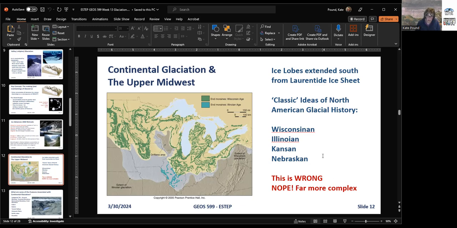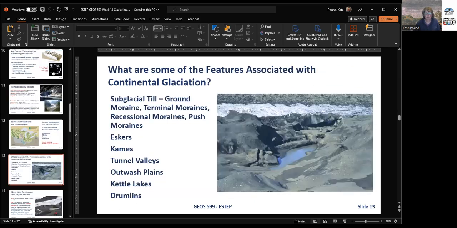But you will see these names and just bear in mind that, oh, it's actually a lot more complicated than that. And we are going to focus on the youngest time chunk, partly because that is the time chunk that produced the landscape features that cover most of Minnesota, and it's what we know best.